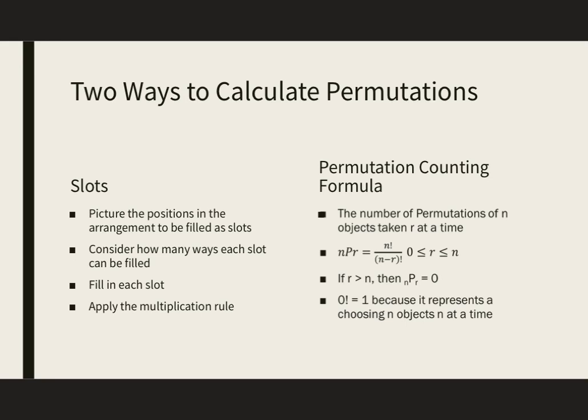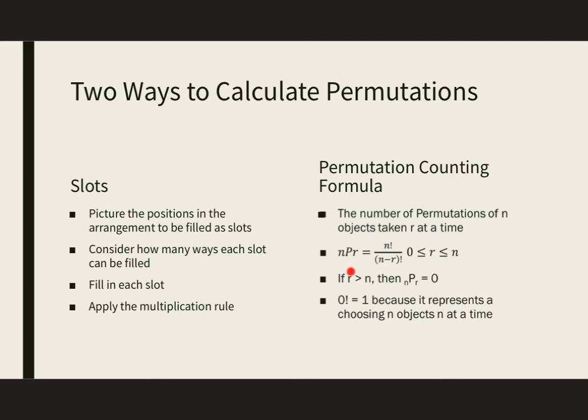R is always less than n. And if r is greater than n, then we have 0. It's impossible. One little nugget of information is it's assumed that 0 factorial is 1. And it helps us with some calculations in later courses and upper level courses as well.